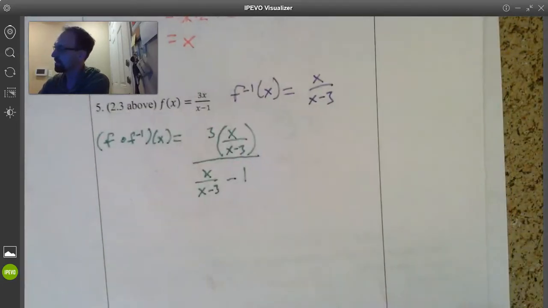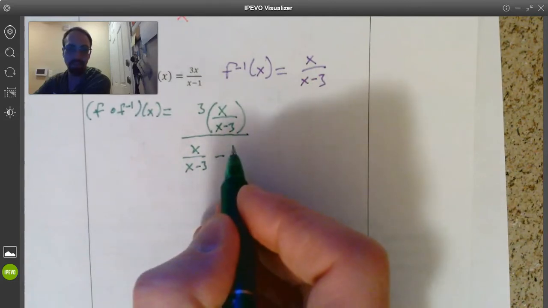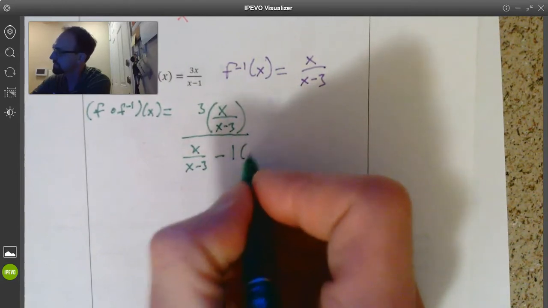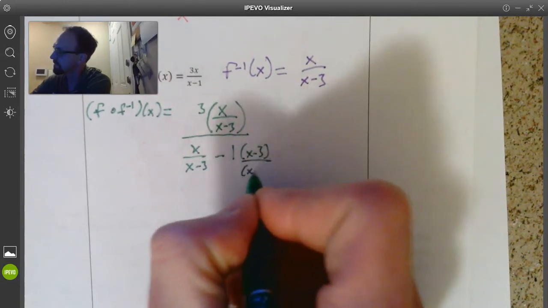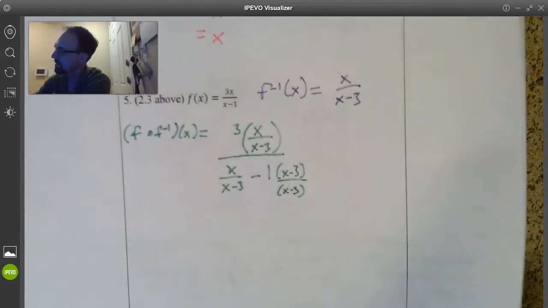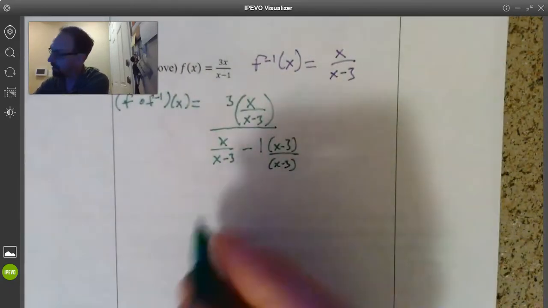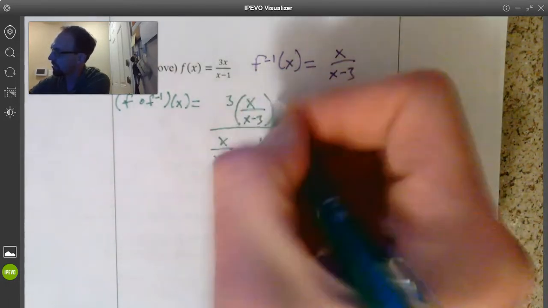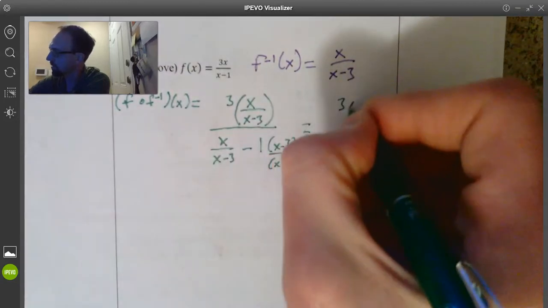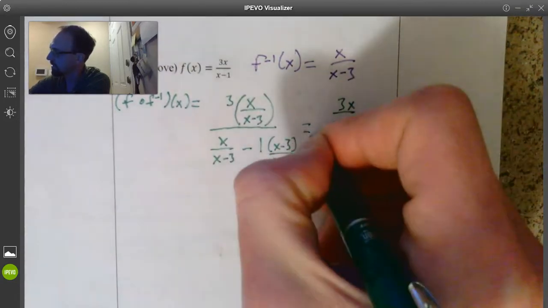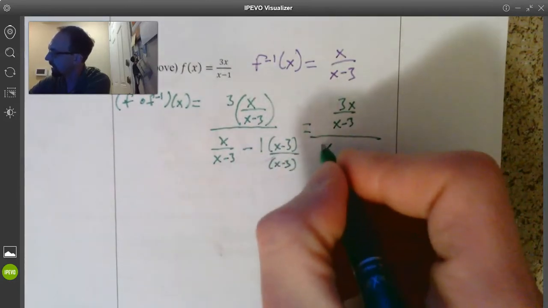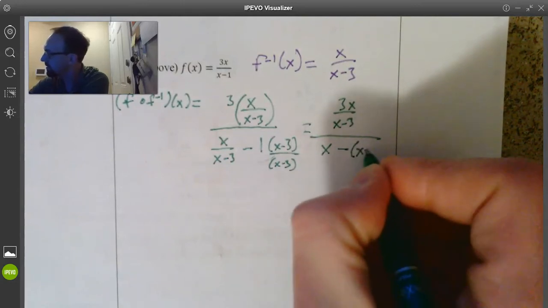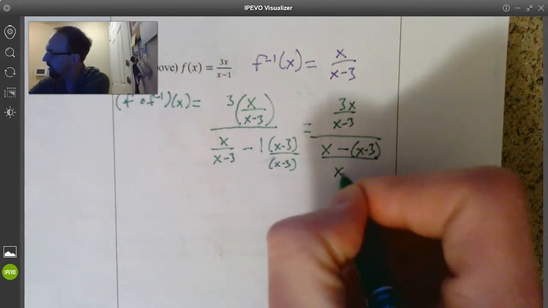So a lot of simplifying to do. I need these to have the same denominator, so I'm going to multiply by x minus 3 over x minus 3. Let's simplify both. The numerator here, 3 times x, is 3x over x minus 3, all divided by x minus, parentheses, x minus 3, all over x minus 3.